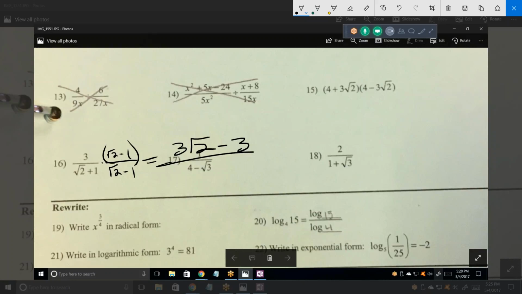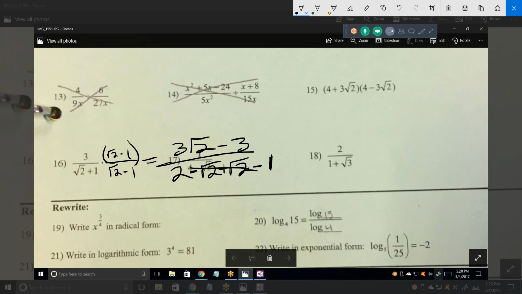What's square root of 2 times square root of 2? It's 2. Square root of x times the square root of x is x. So the bottom is 2 as the first term. And notice that the next 2 terms are going to go away again. They're going to cancel out. That always happens when you're multiplying by the conjugate, and that's why we multiply by the conjugate, is to get rid of those 2 terms.